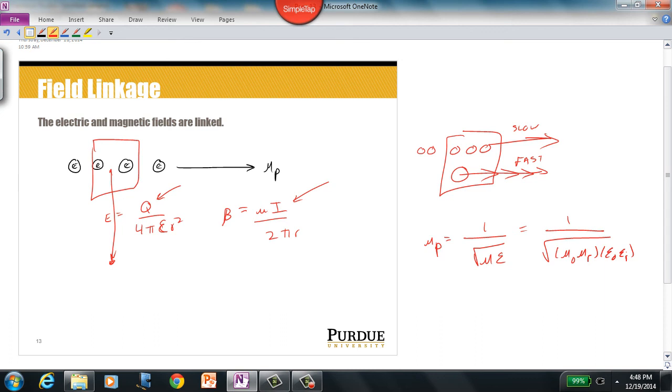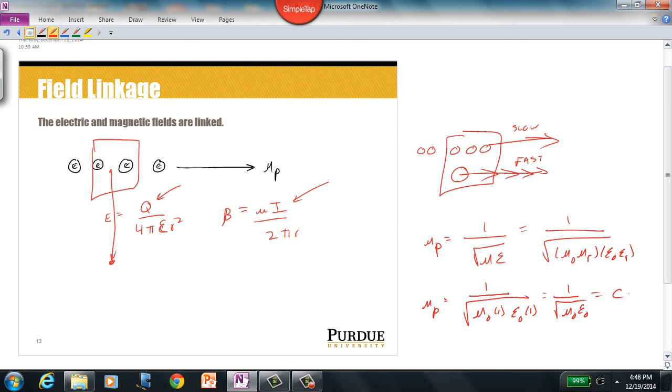And in a vacuum, mu sub p is equal to 1 over the square root of mu 0 times 1, epsilon 0 times 1, which is 1 over the square root of mu 0 epsilon 0. And if you plug in those two constants, what you'll find is that that's the speed of light.